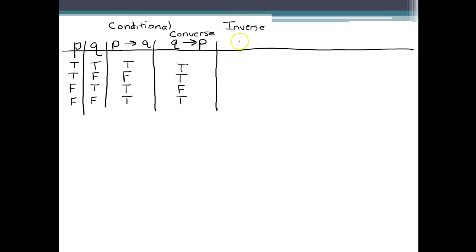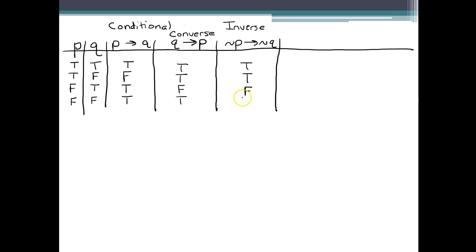Next one's the inverse. That's if not P, then not Q. Well, not P is false, not Q is false. That would be true. Not P is false, Q is true. False to true would be true. True to false would be false.